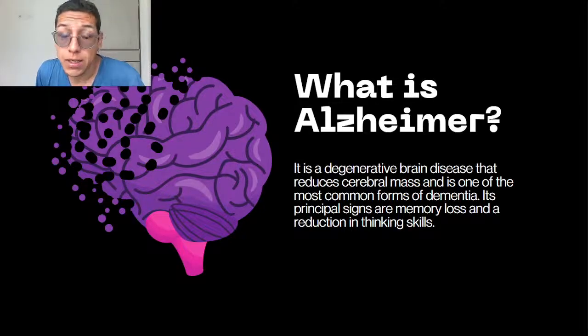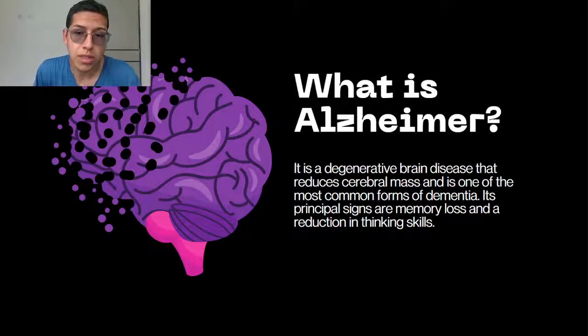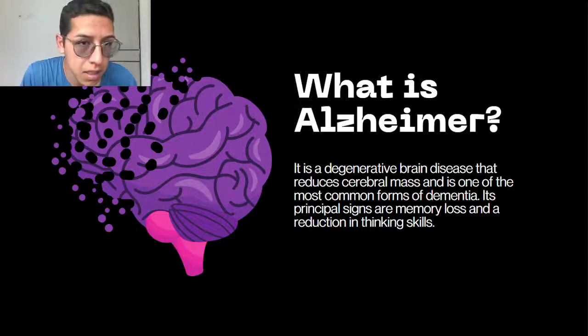So, what is Alzheimer's? Well, it's a degenerative brain disease that reduces the cerebral mass and is one of the most common forms of dementia. There are another three forms of dementia, and its principal signs are memory loss and reduction in thinking skills.